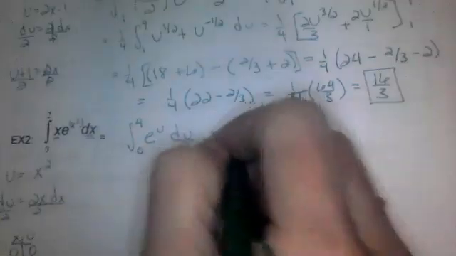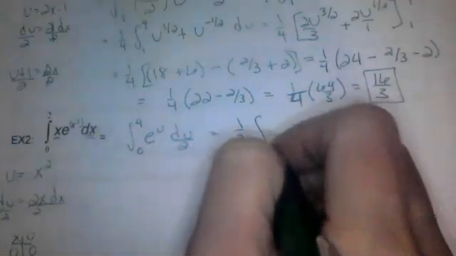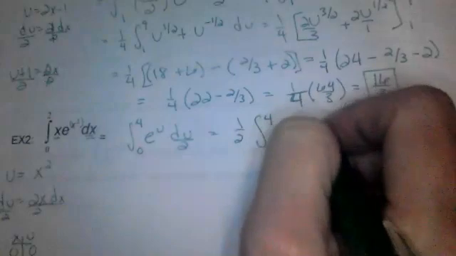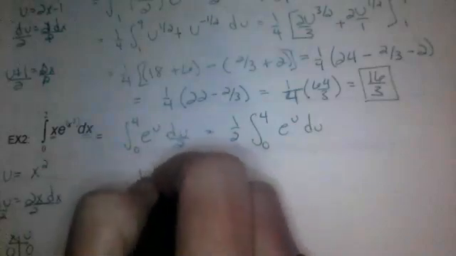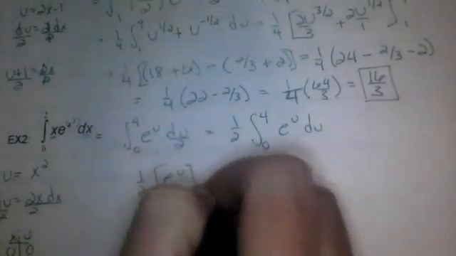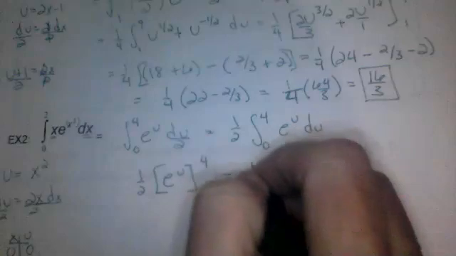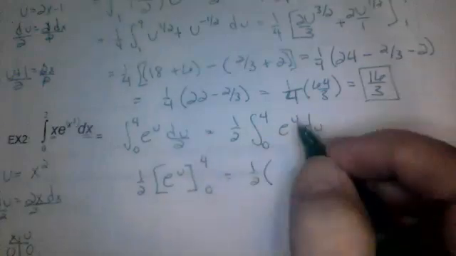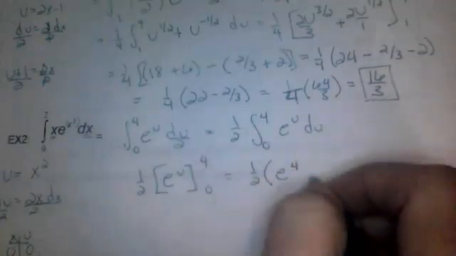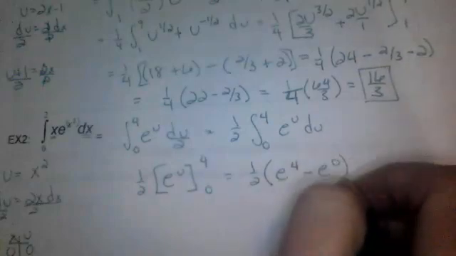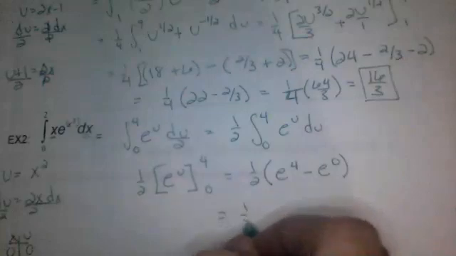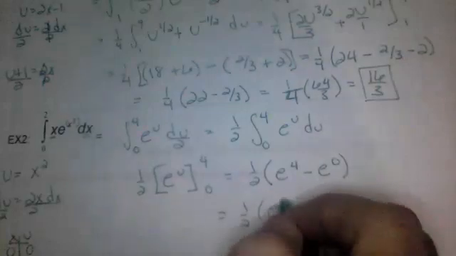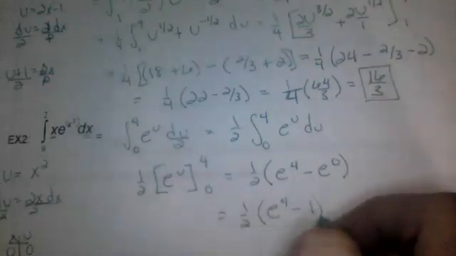All right, so we're going to have 1/2 times the integral from 0 to 4 of e to the u du. When you integrate e to the u, you get e to the u. So 1/2 e to the u from 0 to 4. So 1/2, plug in the top first, e to the 4th minus e to the 0. And so 1/2 times e to the 4th minus 1.